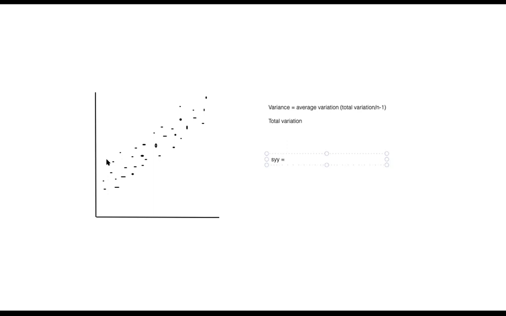Our whole goal is to explain the dependent variable: how much of an effect does X have on the dependent variable, what is the strength of the relationship. So here I'm going to be focusing on SYY, meaning variance of Y, because our whole goal in doing all of these correlations is to explain Y, explain the outcome.